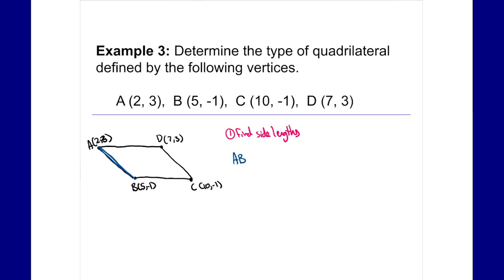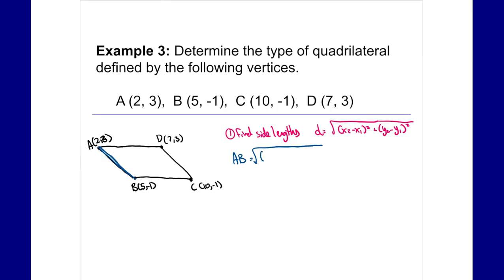And we'll put out the formula again just in case we forget: x2 minus x1 squared plus y2 minus y1 squared, and then all under square root. Keep forgetting to say that, but hopefully we are comfortable with the length of a line segment formula since we've been using it so often.